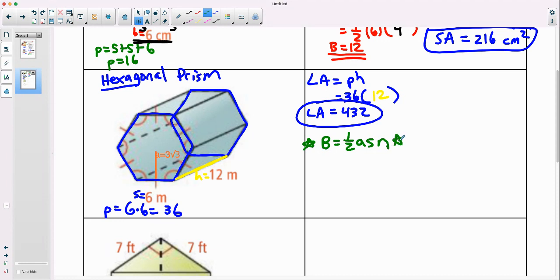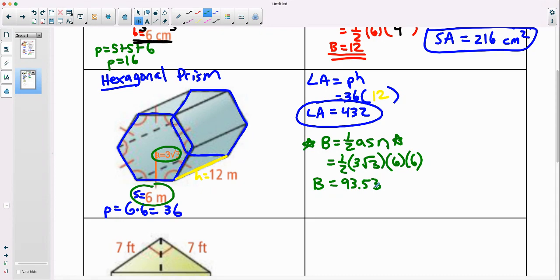All of that's given. 1/2, A is right here, 3 square root of 3. S was given, and it's a hexagon, so we're going to use 6 for that. If you punch all that in, you get the area of one of the bases. That's about 93.53 square meters.